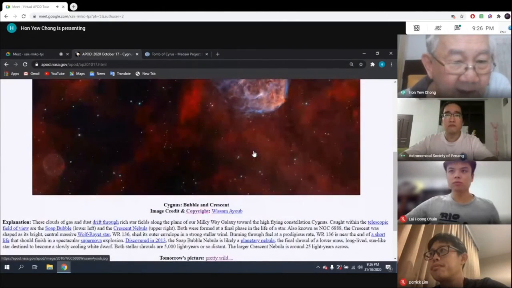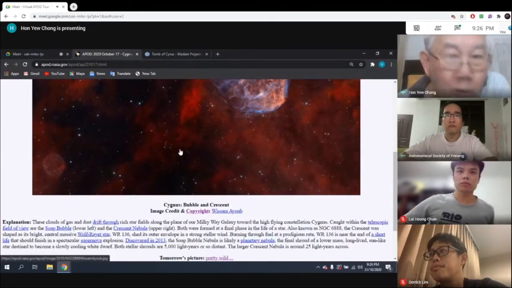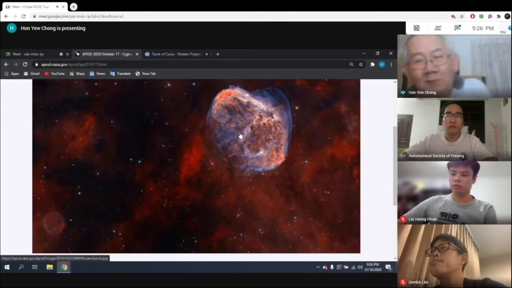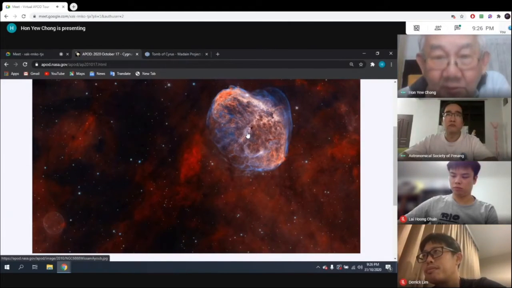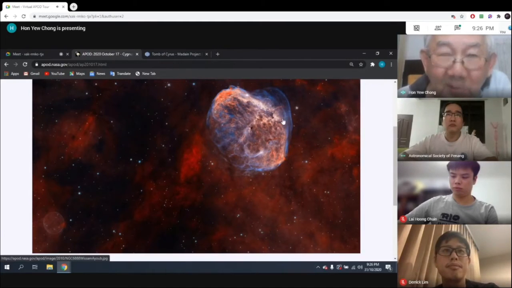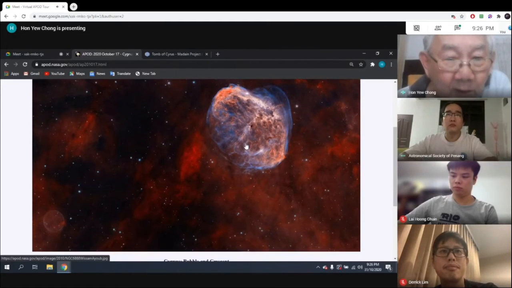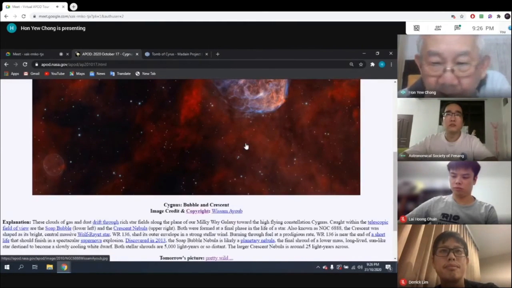And in the center, you have a Wolf-Rayet star. The stars have many names. Wolf-Rayet stars are very bright, and when they get older, very powerful winds come out. So this is our Crescent Nebula in Cygnus, the Swan.